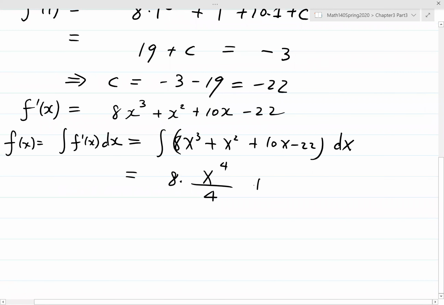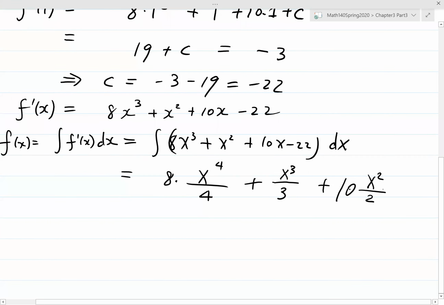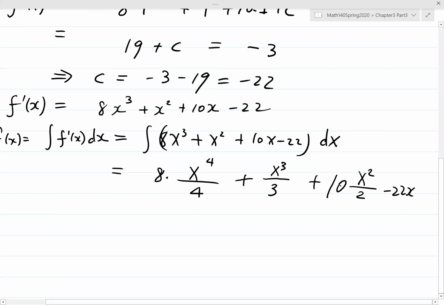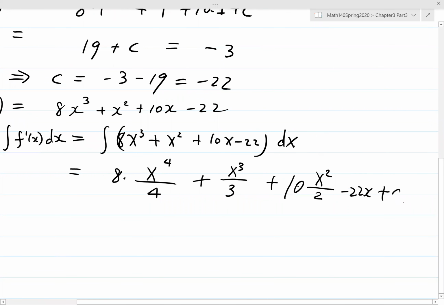For x squared, you increase the power by 1, you get x cubed over 3. Now 10x, increase the power by 1, divided by 2, times 10. Now the antiderivative of 22 is 22x. Now at the end, we add the constant c.